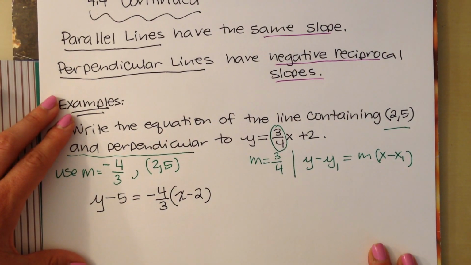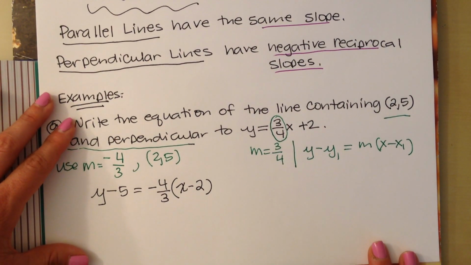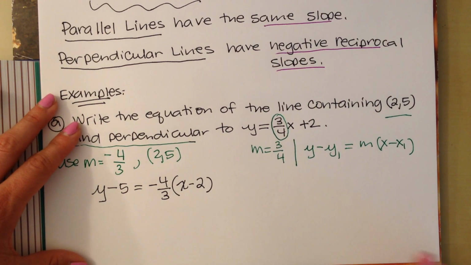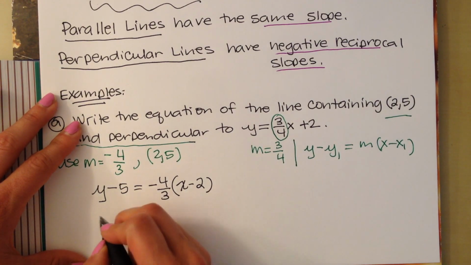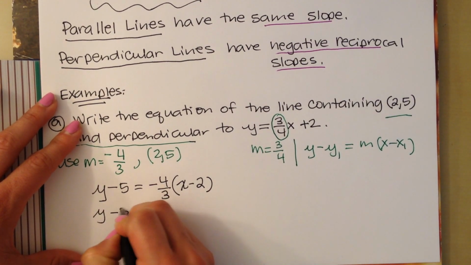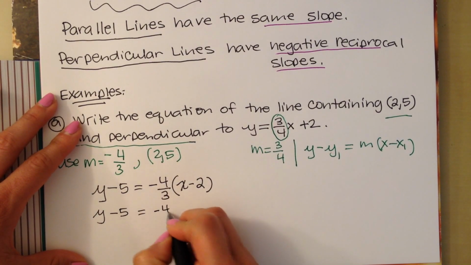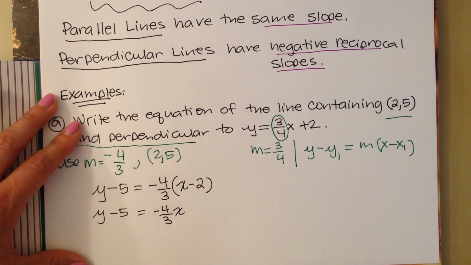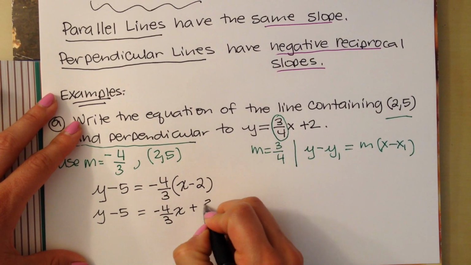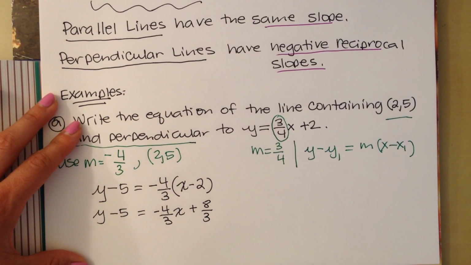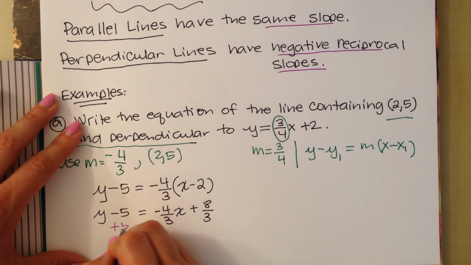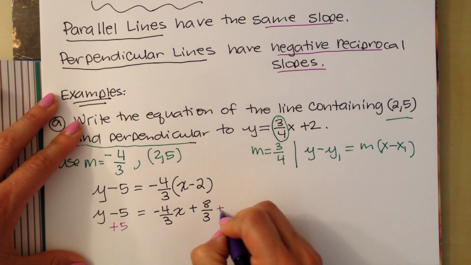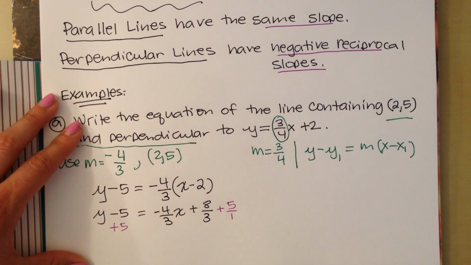Okay, I want to write my answer in slope-intercept form, which means I need to distribute negative 4/3 and I need to add 5. So let's go ahead and do that as well. We need to add 5, plus 5 over 1.